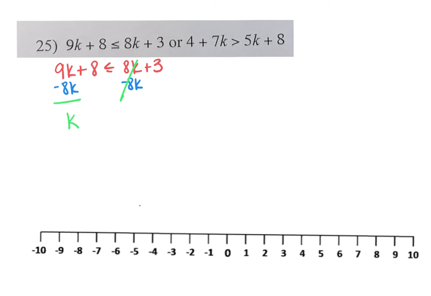And I am going to move my numbers then to the other side. And that will cancel on this side, less than or equal to 5. And then I'm going to do the same thing with this equation. So our inequality, I'm going to say 4 plus 7k is less than 5k plus 8.